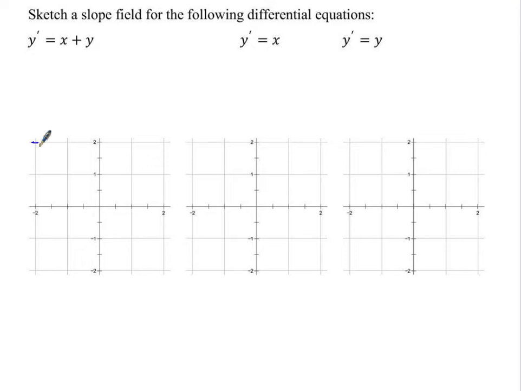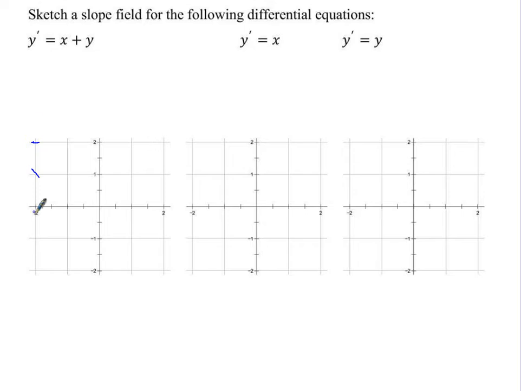Yep, so I'm going to draw a little horizontal tick mark. And then do you want to go across or do you want to go down? Down, okay. Negative 2, positive 1. Negative 1. So we're going to visualize what an actual line with a slope of negative 1 would look like, and then draw in a slope that matches that line.